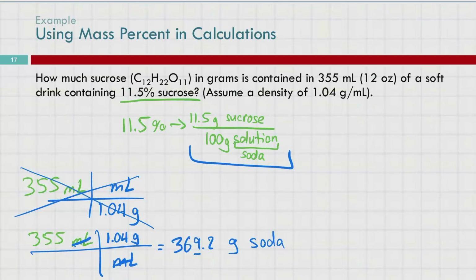Now what do we do? Our goal is to find the amount of sucrose. Our mass percent that we just transformed into a conversion factor has sucrose in it. It also has soda in it. We have grams of soda, and grams of soda is on the bottom in our conversion factor.